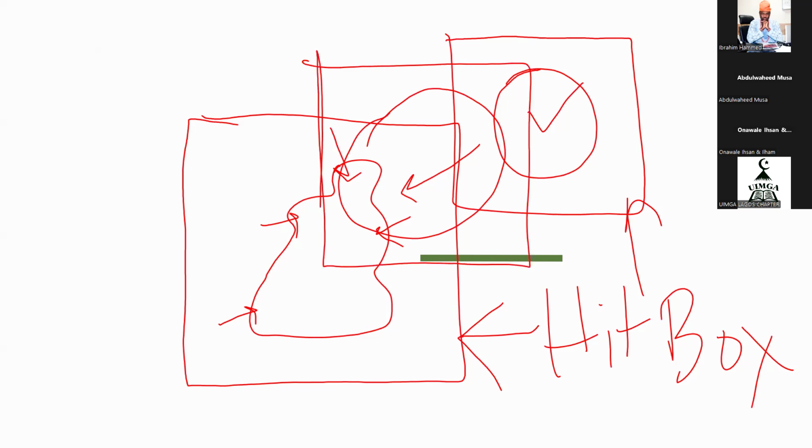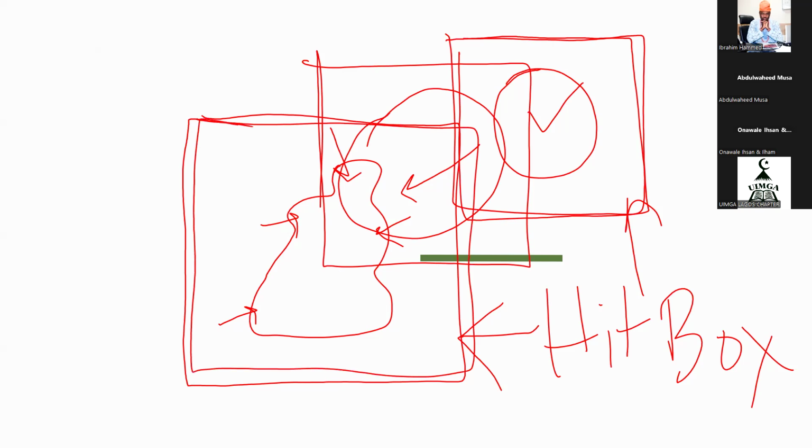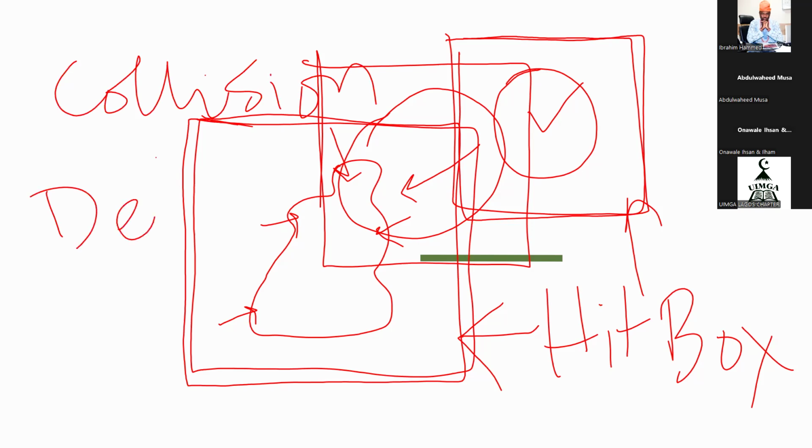So you need to be very careful. What you are looking for is a scenario where from here to here, there is already the slightest contact, which means collision is detected. And then you want to do something.